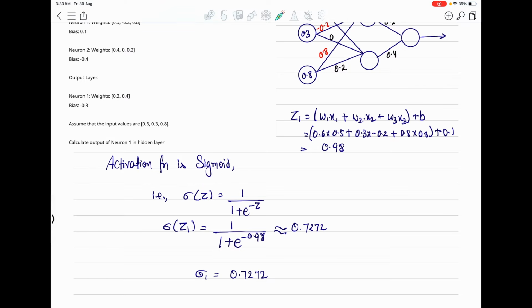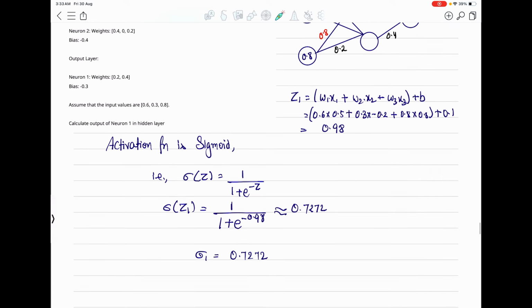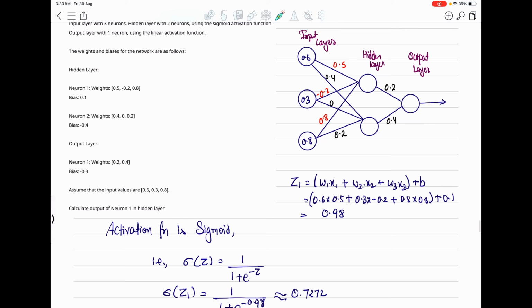The activation function is a sigmoid, as already mentioned in the question. We know the sigmoid function, and z we have already found. So we put the value of z and it will come as 0.7272. Okay, so our sigma 1 will be closely 0.7272. That is basically the output of neuron 1.